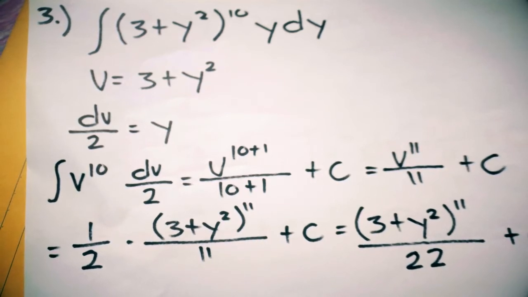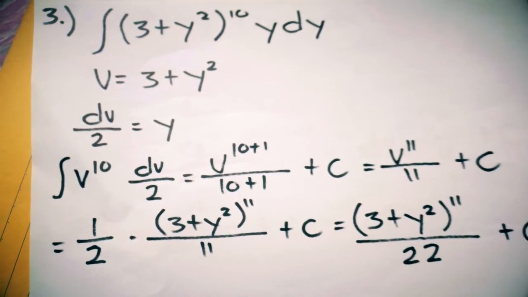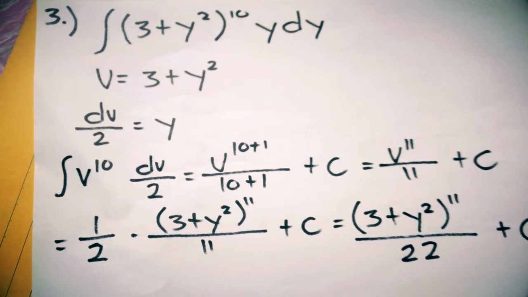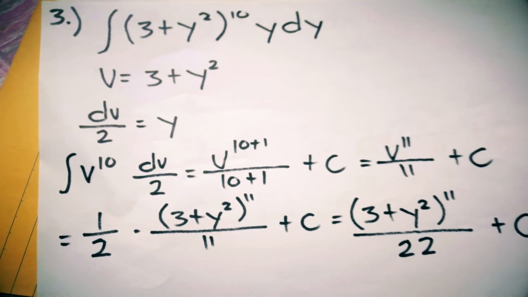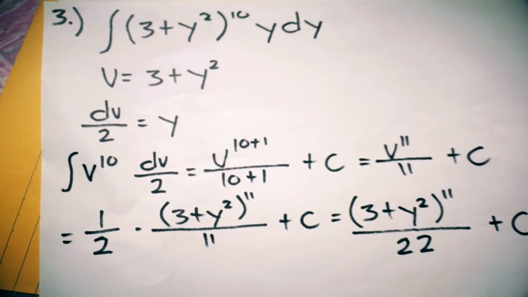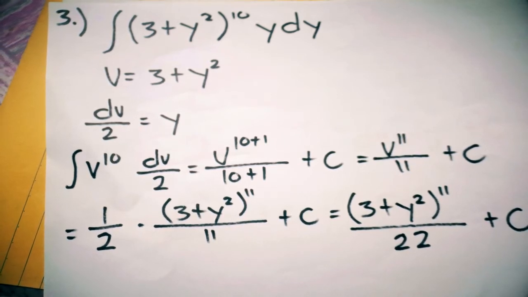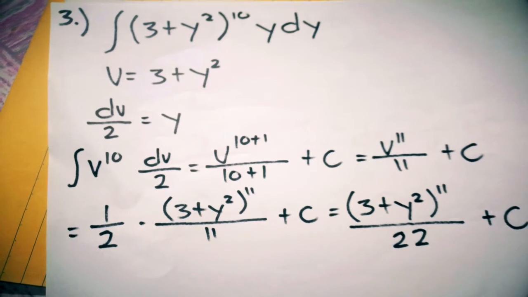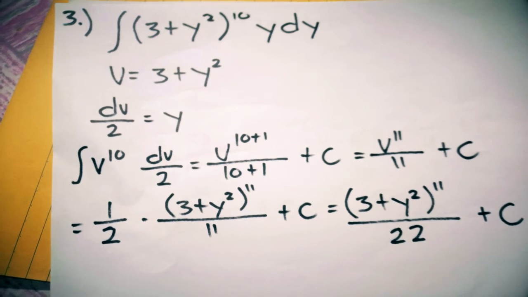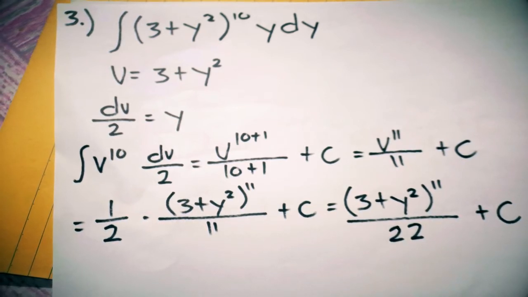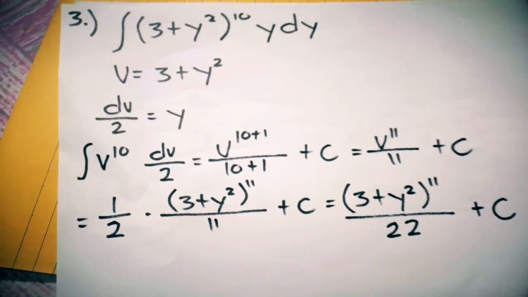The integral of u raised to the power of 10 du over 2 equals u raised to the power of 10 plus 1 over 10 plus 1 plus c, which is equivalent to u raised to the power of 11 over 11 plus c, which is equivalent to 1/2 multiplied by the quantity 3 plus y squared raised to the power of 11 over 11 plus c, and the final answer would be the quantity 3 plus y squared raised to the power of 11 over 22 plus c.